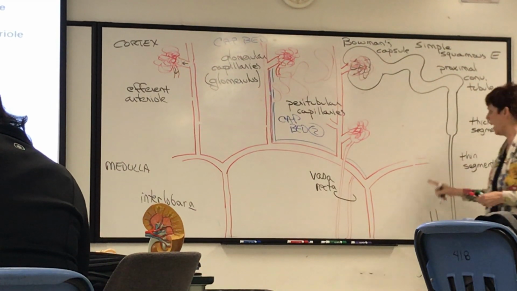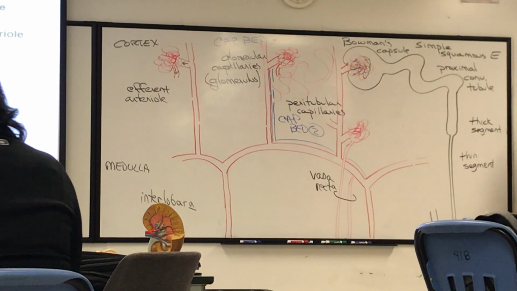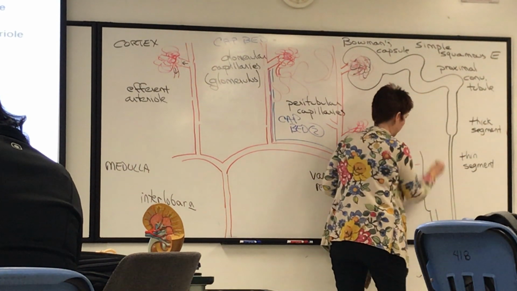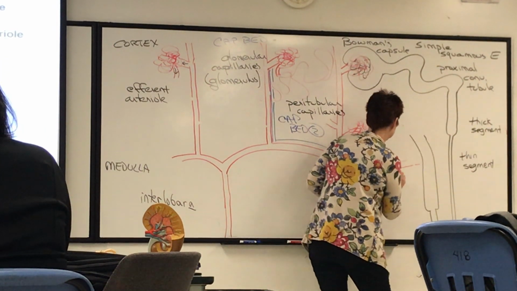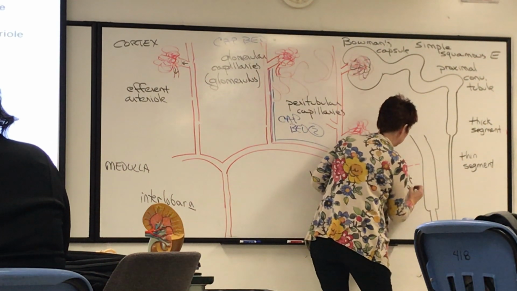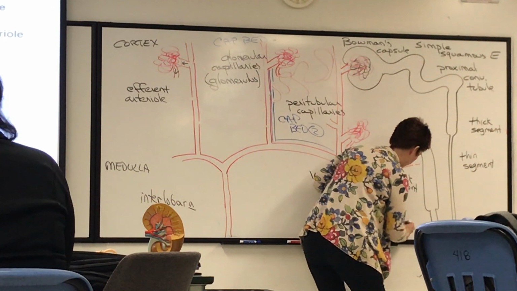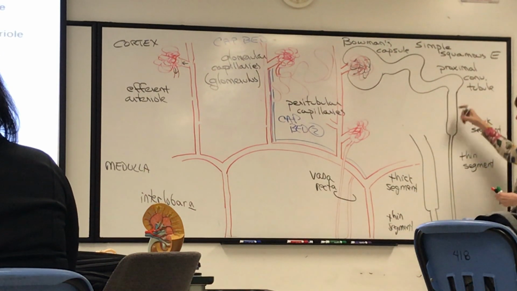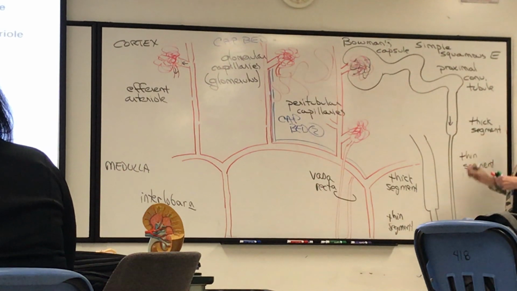Okay? And notice I'm drawing a juxtamedullary nephron here, because its loop is going down into the medulla. And then we have a thick segment again. So this direction is known as the descending limb.